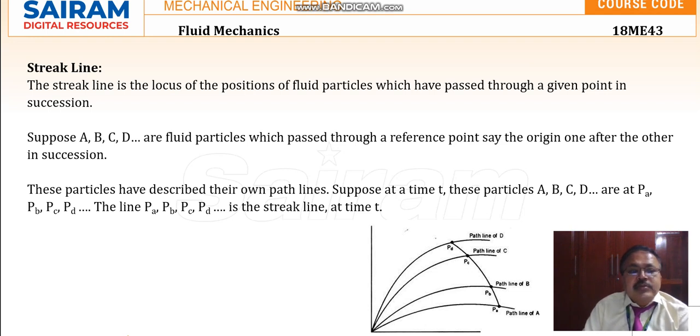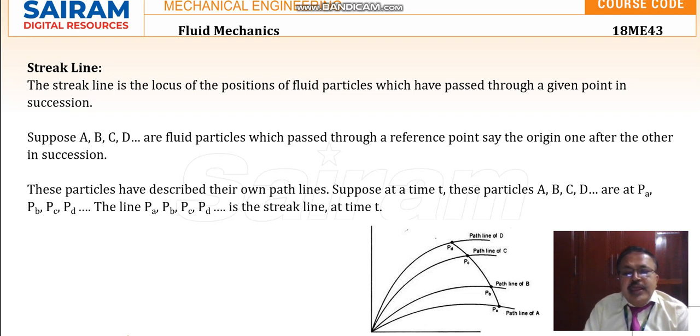Then streak line. It is the locus of positions of fluid particles passed through a given point. Here A, B, C, D are fluid particles passing through the reference point, say this is the origin, one after the other in succession. These particles have their own path lines shown here.